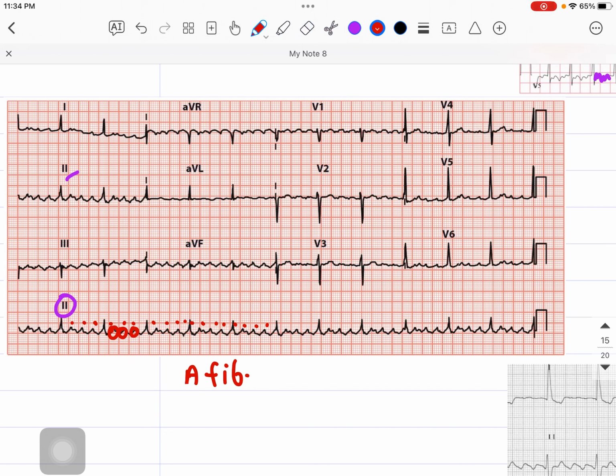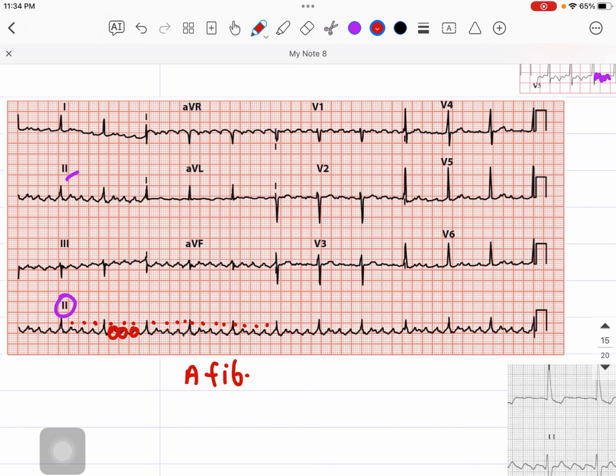But if the patient has atrial fibrillation or an irregular RR interval, that formula, 1500 divided by the number of small boxes in between the RR interval, is not valid.